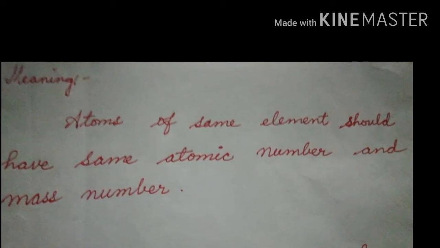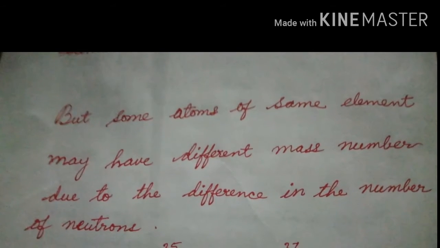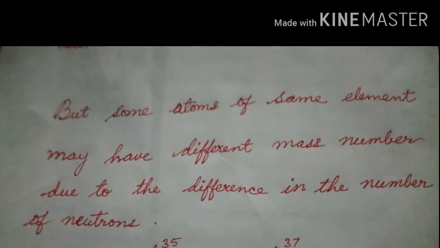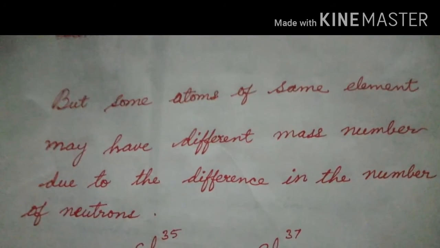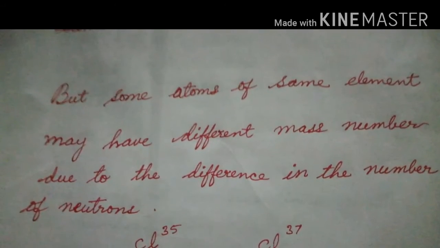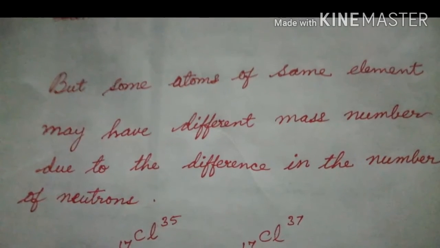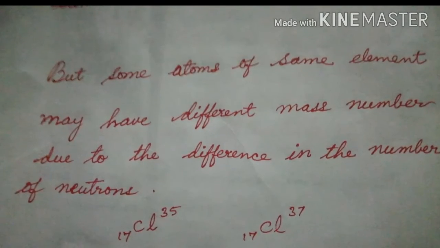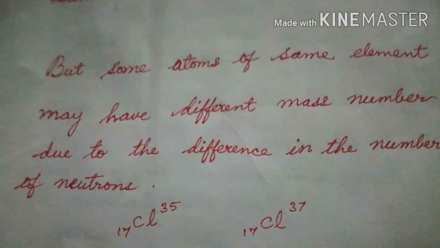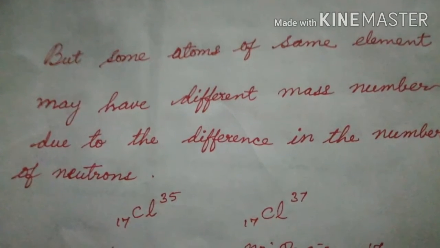But some atoms of the same element may have different mass numbers due to the difference in the number of neutrons. When you consider chlorine, it has 2 isotopes, one is chlorine-35 and the other is chlorine-37. When you compare the number of electrons, protons and neutrons present in both isotopes, the number of electrons and protons remains the same, that is 17 each.